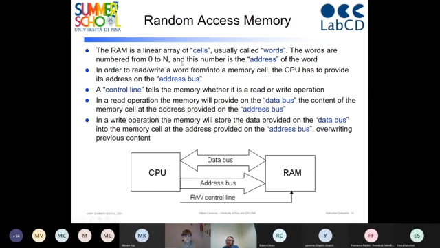The number of the cell is called the address of the cell or word. And it is random because, contrary to the memory devices that were before, you can access every word of the memory in any random order, meaning at one access you can access word number 2, and the next access you can access word number 1000, and so on.